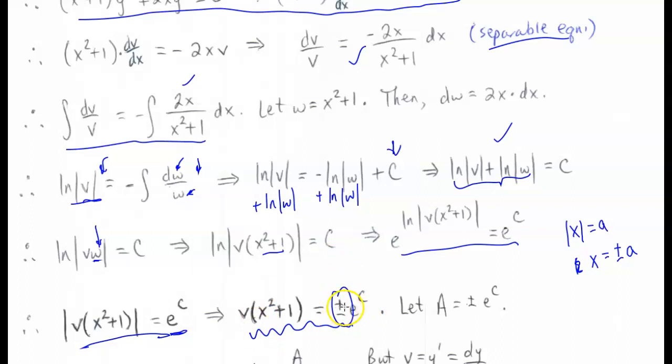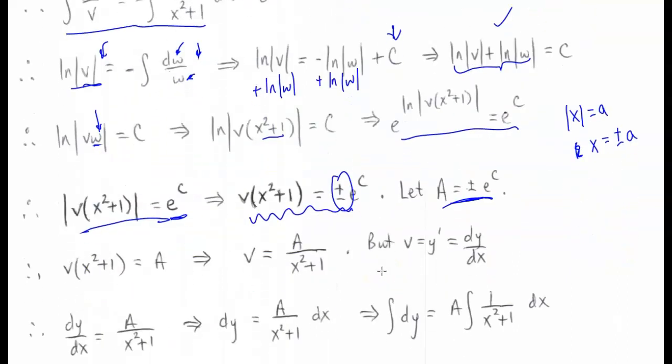Now, whether this is positive or negative, it's still going to be a constant. So for simplicity, we just let a equal plus or minus e raised to the c, because no matter what it is, it's going to be a constant. To determine whether a was positive or negative, we would have to know some information about initial conditions. Since we don't have that in this problem, we don't worry about it, okay?